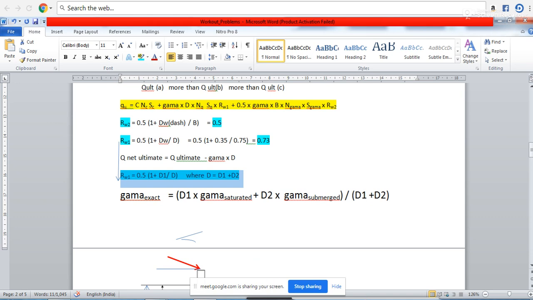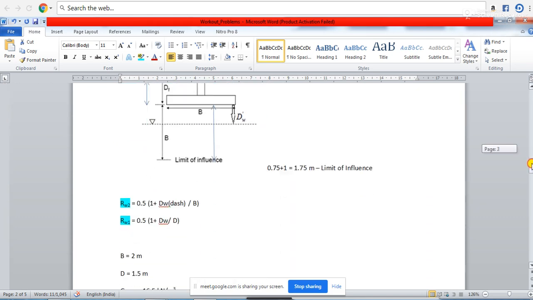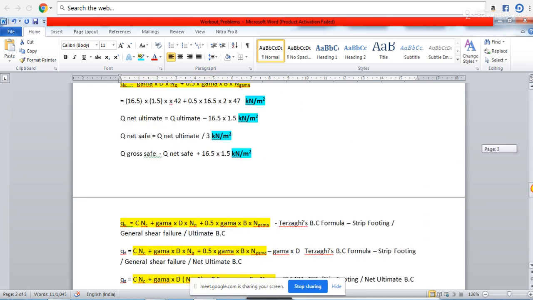Sir, the assignment question you have given on the circular footing, how do we proceed with the IS code? In the IS code, nothing is mentioned about Q ultimate and phi of 42 degree.